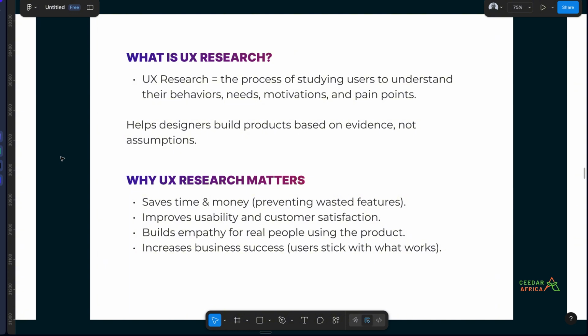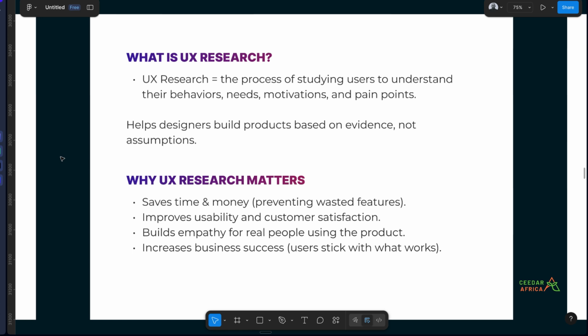UX research, as we can see on our screen, is the process of studying users to understand their behaviors, needs, motivation, and pain points. So that's the reason why you do your research. It carries both the reason and the definition. You're designing for users, so you need to first of all understand the users you are designing for.